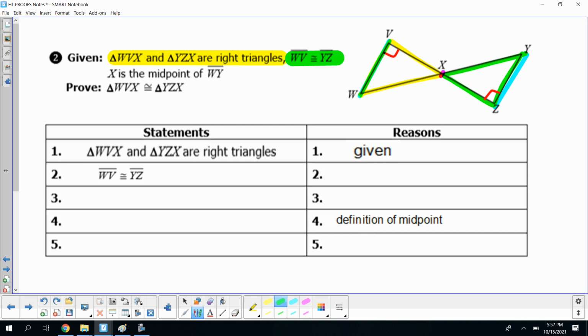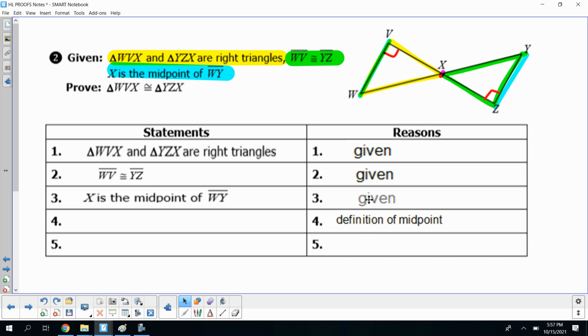Again, that is a statement that we were given, so our reason is going to be given. Okay, the next thing that we can write is that X is the midpoint of WY. That is the third statement we were given, so again, our reason is given.